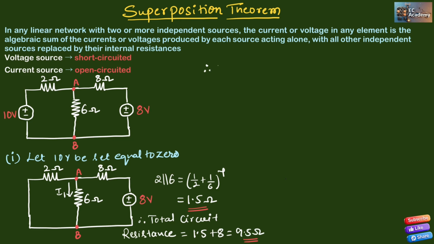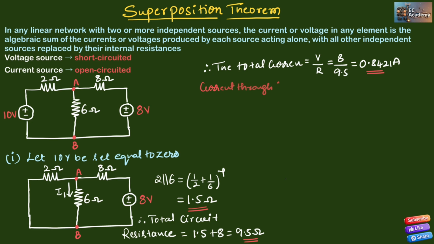Therefore, the total current will be equal to V by R. Here V is 8 volt divided by R, the total resistance, which is 9.5. So this will be equal to 0.8421 amperes.